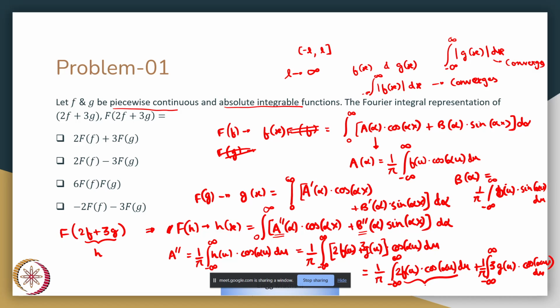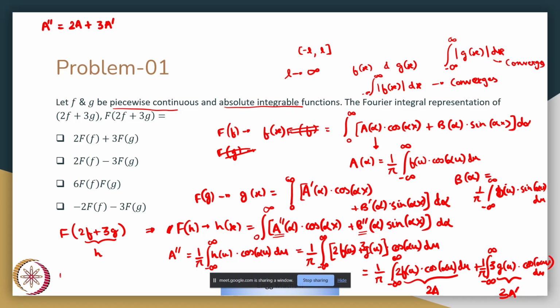This, if you notice, is nothing but 2a, and this, if you notice, is nothing but 3a dash, which means we get a relation of the form a double dash is 2a plus 3a dash.